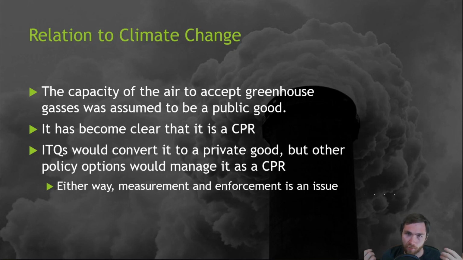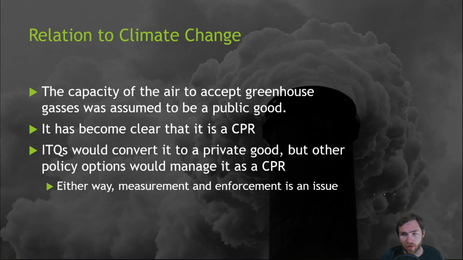There's a limited capacity of the atmosphere to absorb pollutants over time, and so my emitting carbon dioxide imposes costs on others. So there's a number of ways that society can respond to it in relation to our chart of types of goods. We can institute individual transferable quotas and allow people to trade around, which is essentially assigning property rights and converting this common pool resource into a private good.